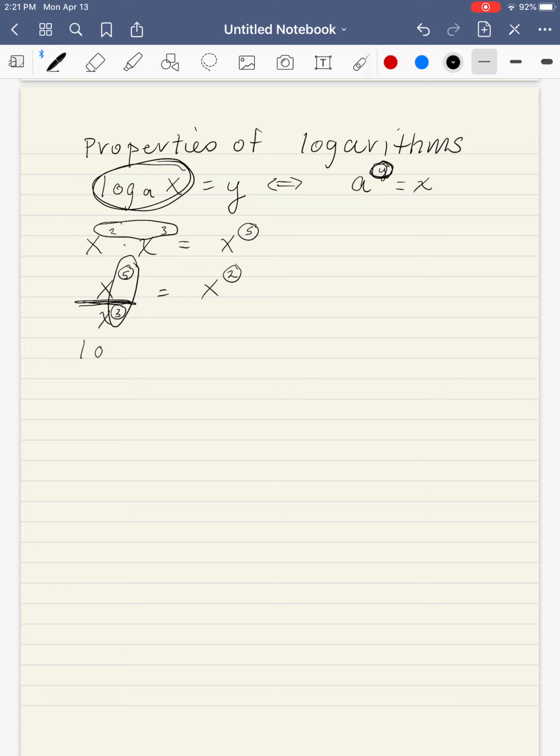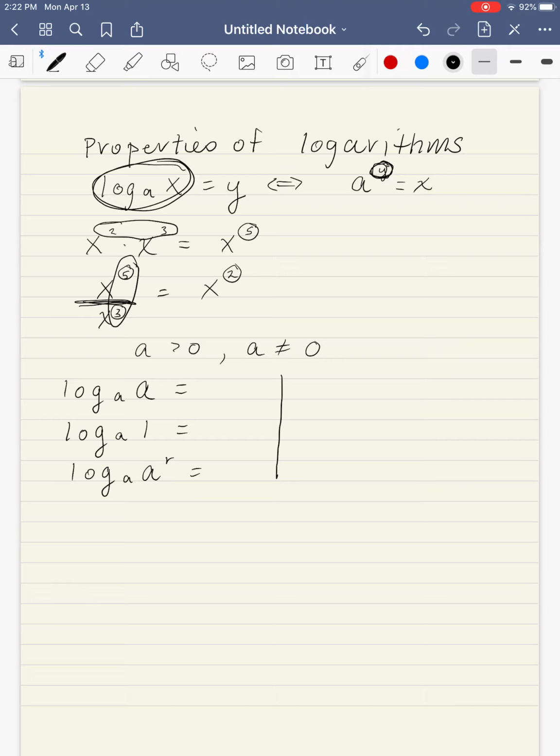If we have that the logarithm, and this is always for a positive and not equal to 0, the logarithm base a of a equals, the logarithm base a of 1 equals, and the logarithm base a of a to the r power equals.